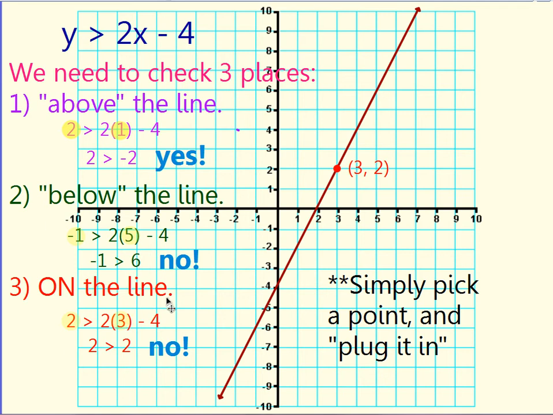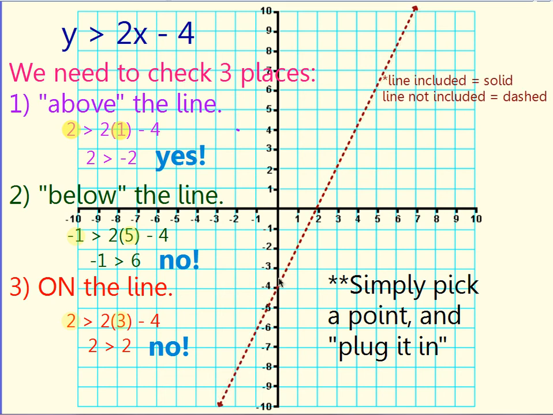When you graph inequalities, I'm going to start with on the line itself. When the points on my line are actually part of our solution, I would draw that as a solid line, just like we had a closed dot before.